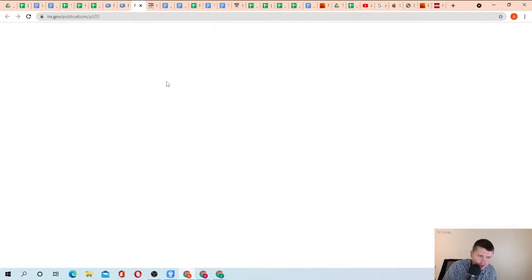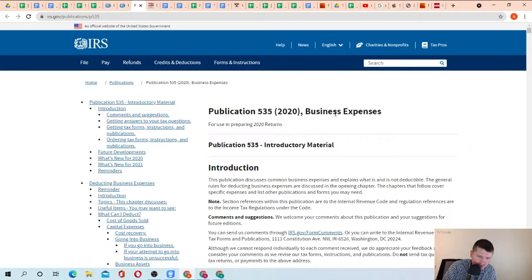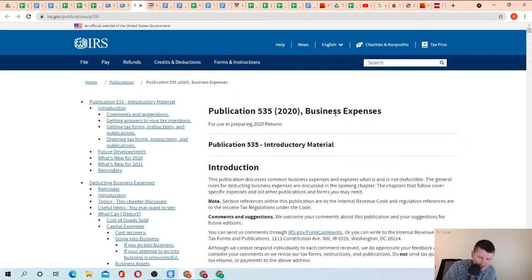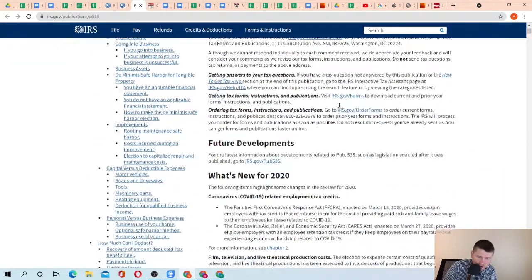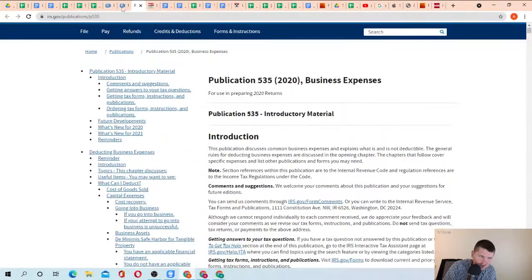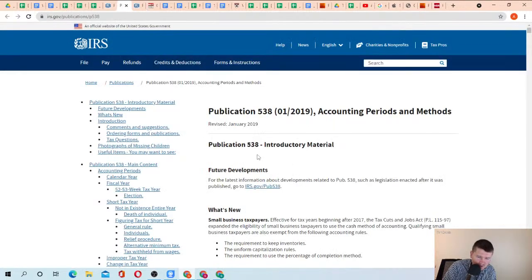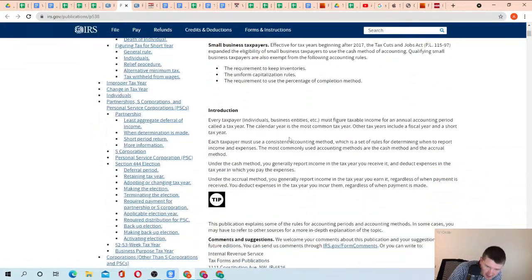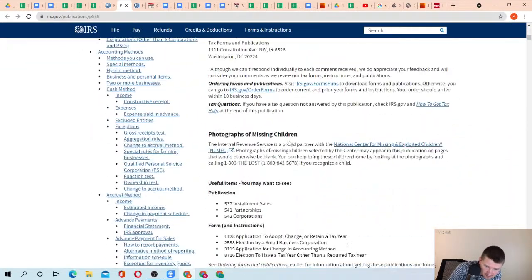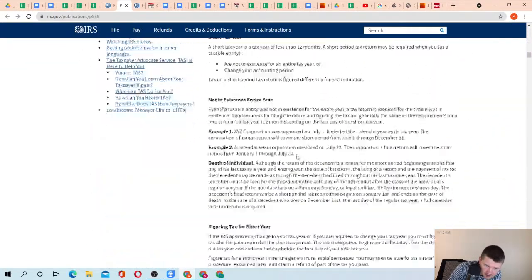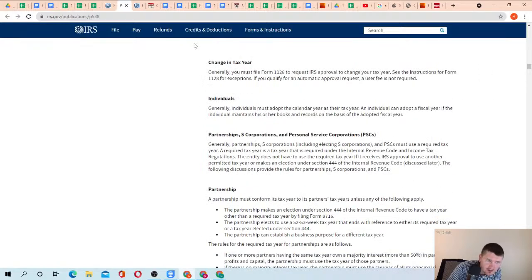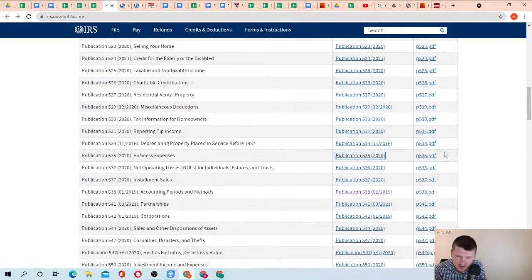535 is called business expenses, and that's basically the main document for you as a small business. And 538 is accounting periods and methods. Let's see if I can find it in PDF here. Oh, sorry. They have links to PDFs here.